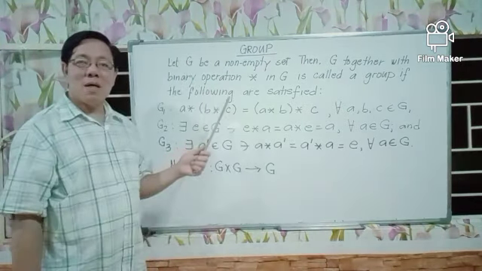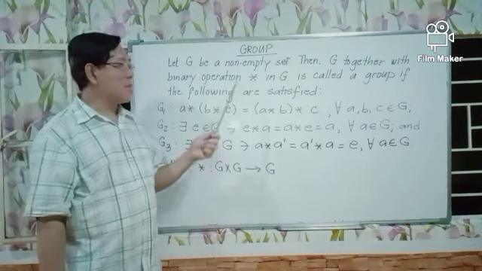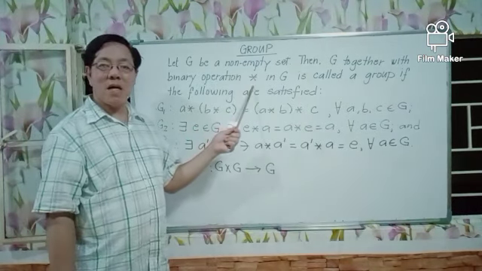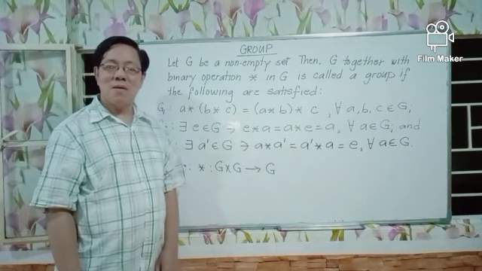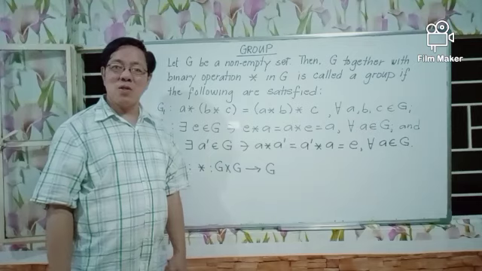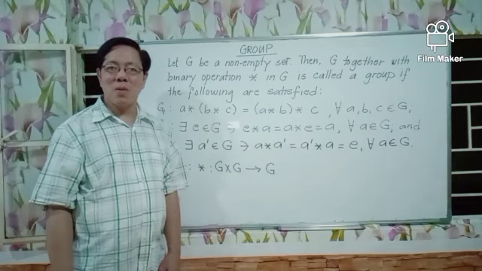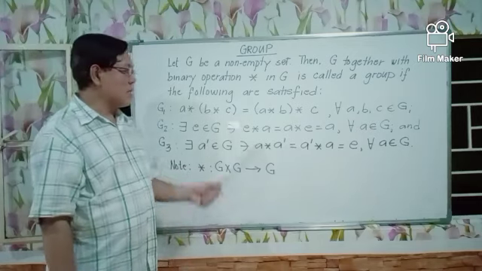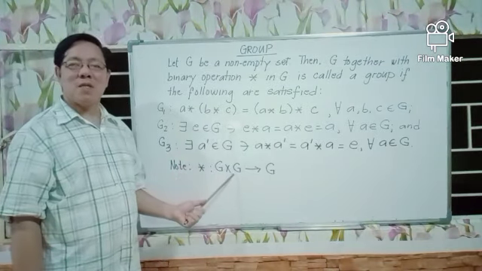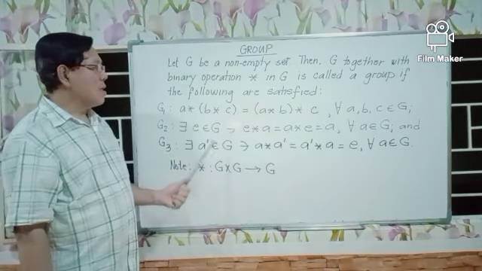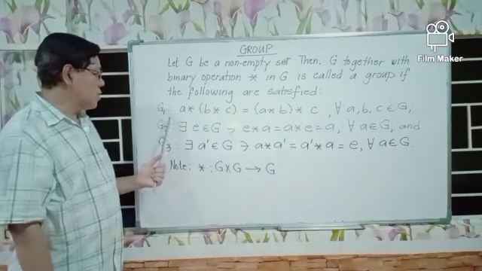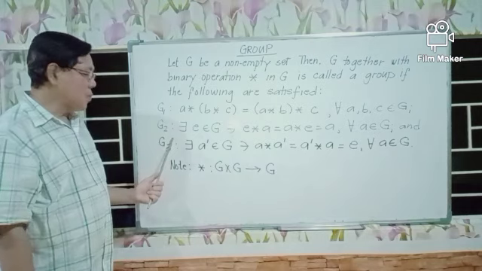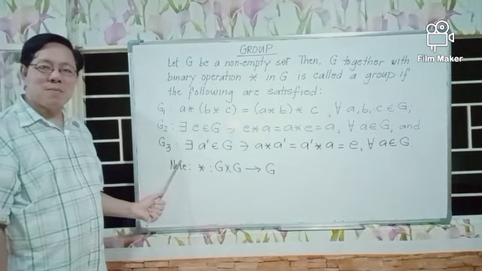Now, a non-empty set G together with the binary operation star do not constitute a group without satisfying these three properties of a group. And these three properties in the definition are denoted by G1, G2, and G3.